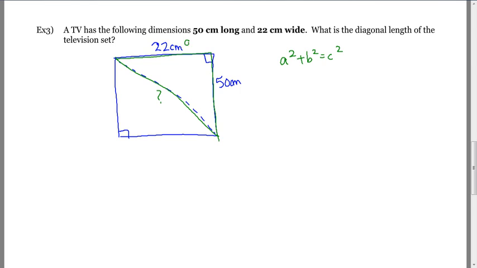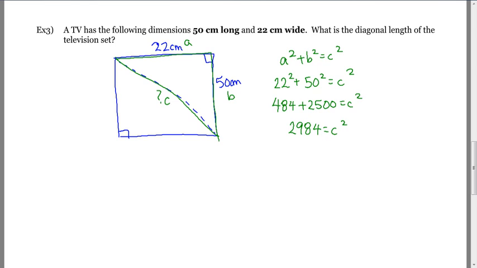So let's go A, B, C. 22 squared plus 50 squared equals c squared. All right, 22 times 22 and 50 times 50. That will give you 484 plus 2500 equal to c squared. Add those up. You should get 2984 equal to c squared.